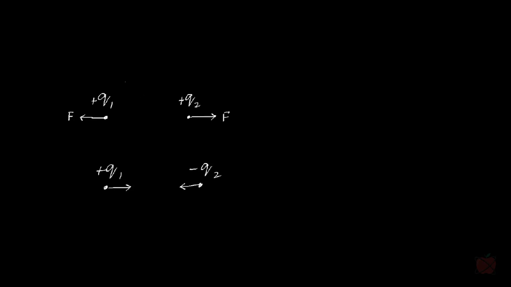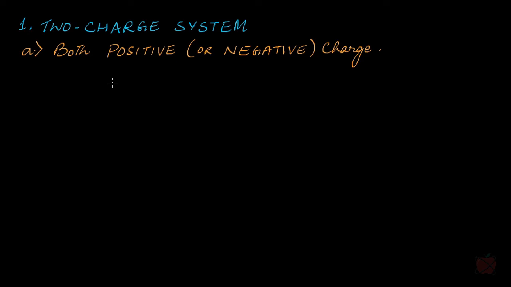I have to place the third charge somewhere so that now the system will be in equilibrium. Understand? So let us consider, first of all, a system consisting of two charges, and both of them are positive, or maybe both of them are negative.